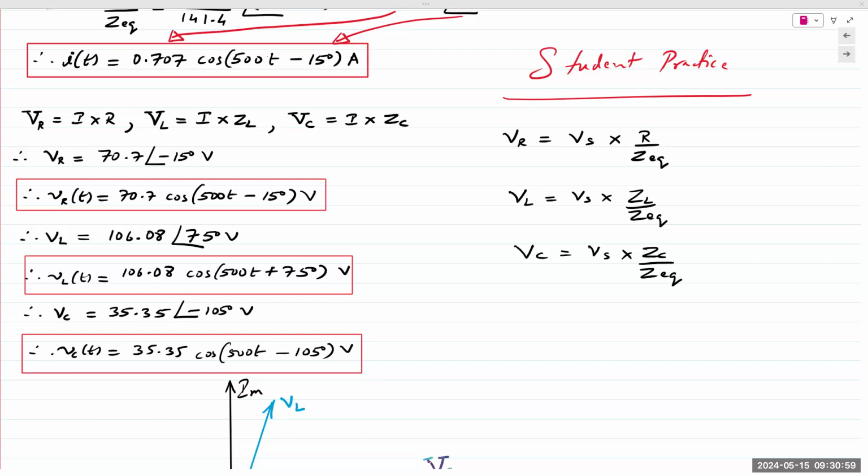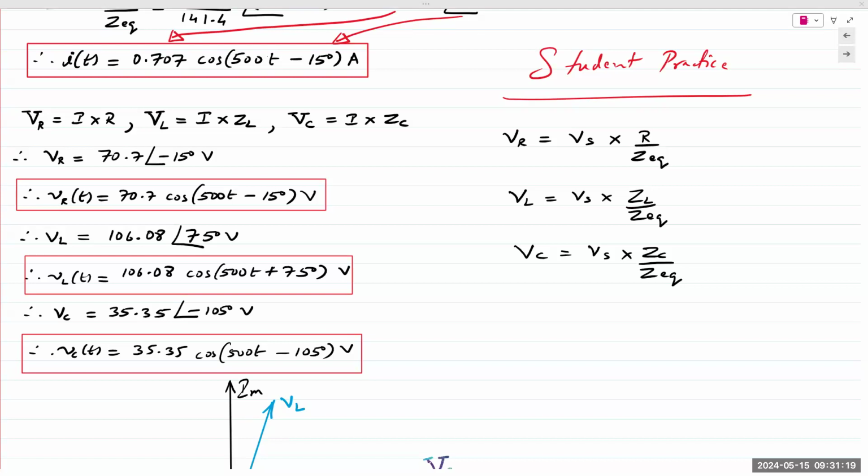Any questions, any concerns about the steps, the procedure? No questions? Okay.